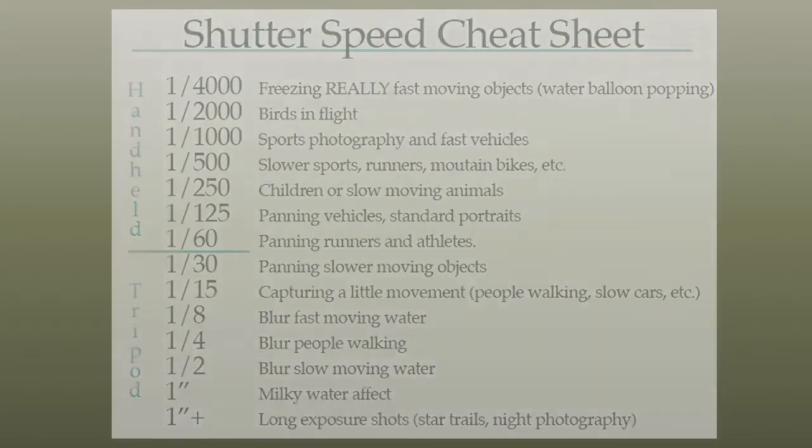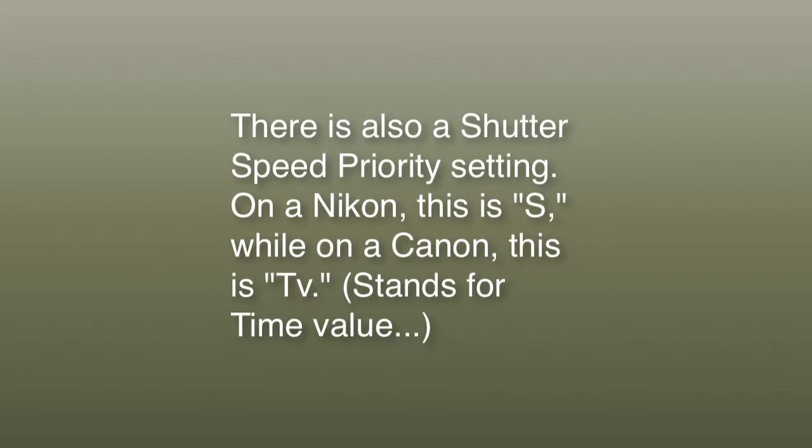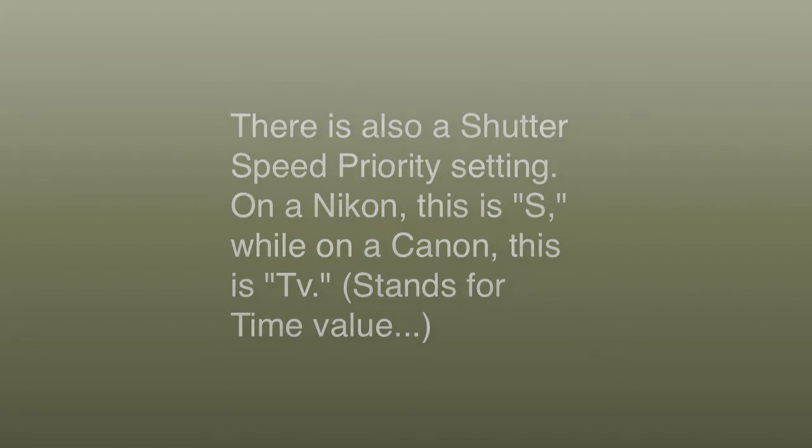There is also a shutter speed priority setting. On a Nikon, this is an S. While on a Canon, this is TV. Doesn't make a lot of sense, but it stands for time value.